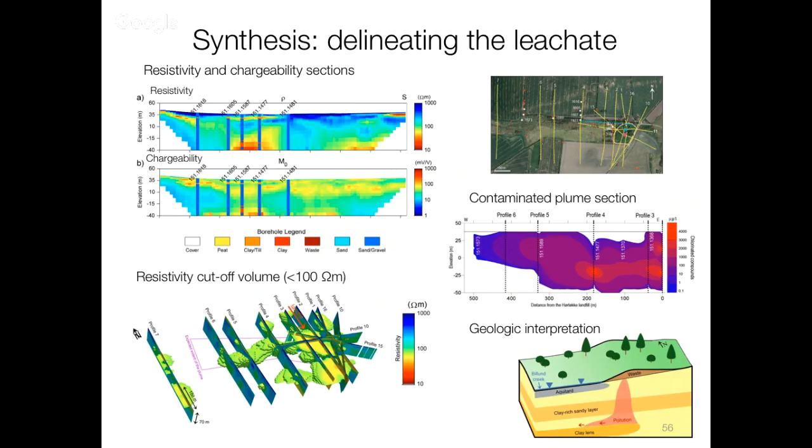Put a borehole in there and evaluate what the fluids are, and there's a very high concentration of chlorinated fluids at about 50 meters depth from the surface. So this plume that we're seeing out here is like the leachate.